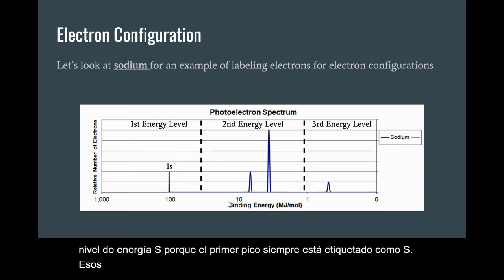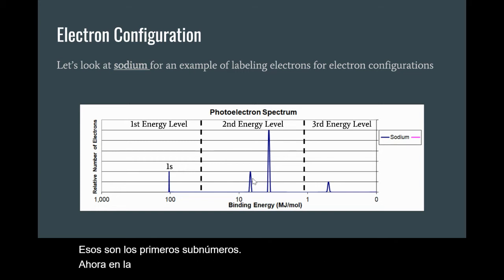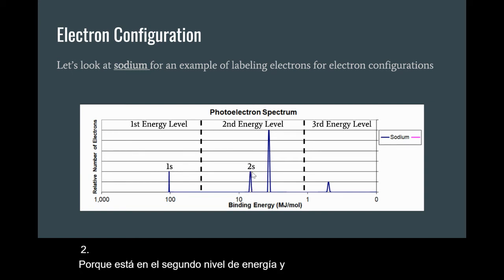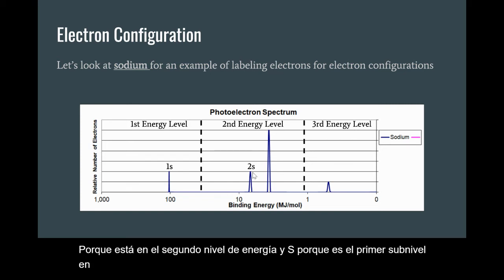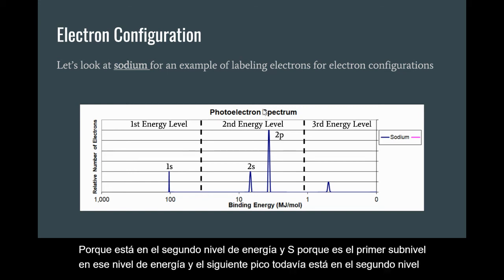Now, in the second energy level, I have two peaks. We start with the first peak, and it's going to be labeled 2 because it's in the second energy level, and S because it's the first sublevel in that energy level. And the next peak is still in the second energy level, so we're going to call this one 2p.